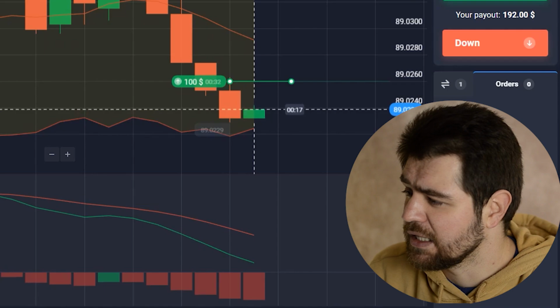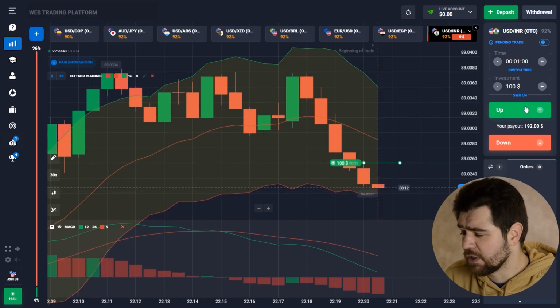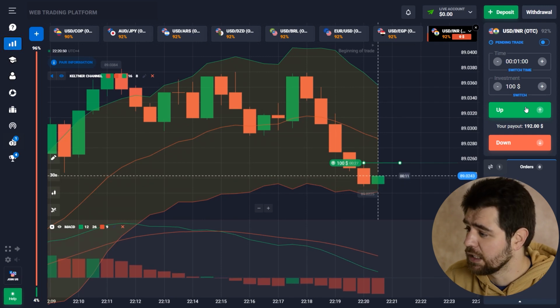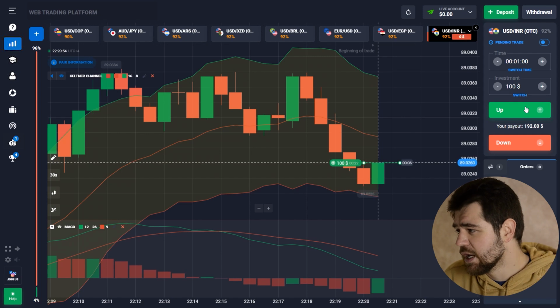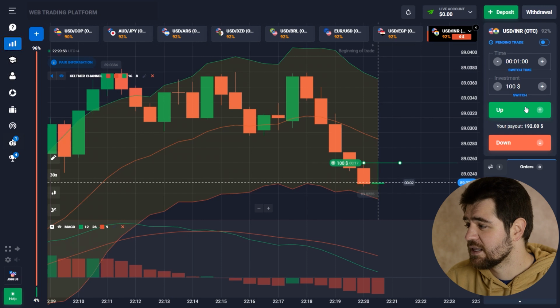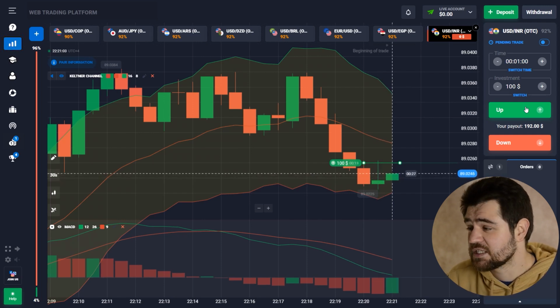It may be only a pullback, kind of a correction, or it may be a full on bounce off and go through and try to break the resistance levels, which is the middle line of the Keltner channel.